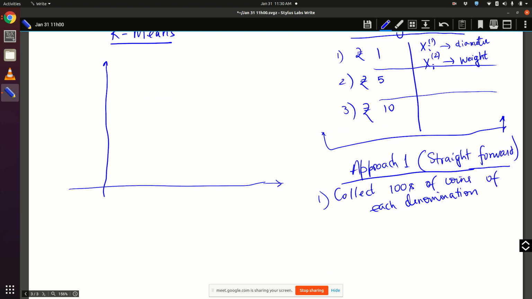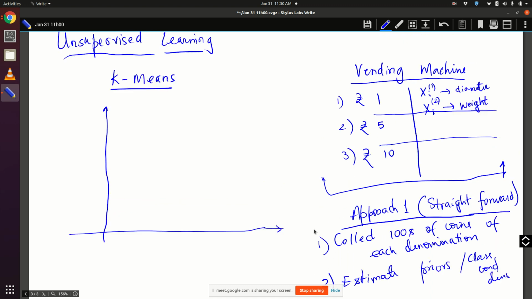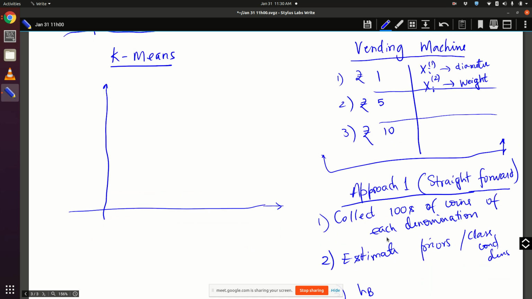Then after that, estimate priors and then class conditional densities. Then the third step is you come up with a Bayes classifier. This is approach one.